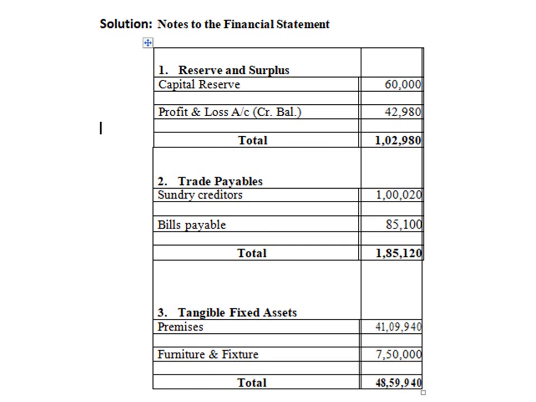Like I told you, sundry creditors and bills payable should be added and shown under trade payables. Then premises and furniture and fixture should be added and shown under tangible fixed assets.